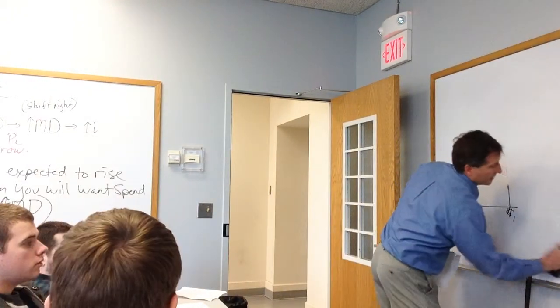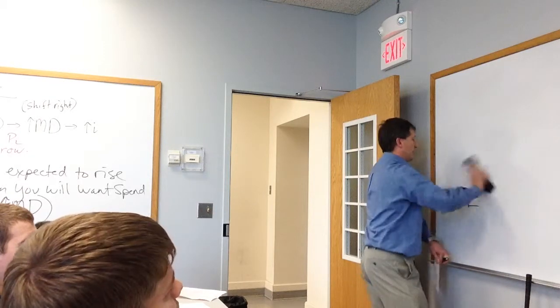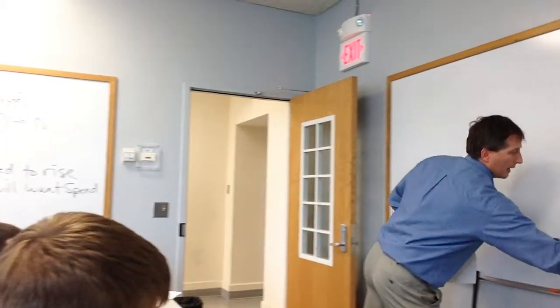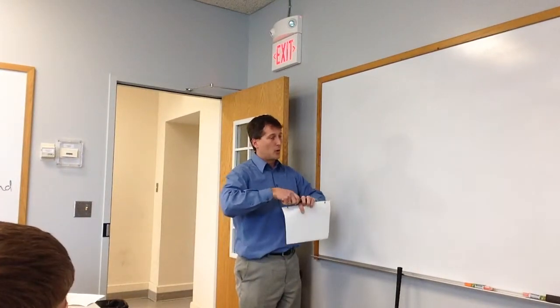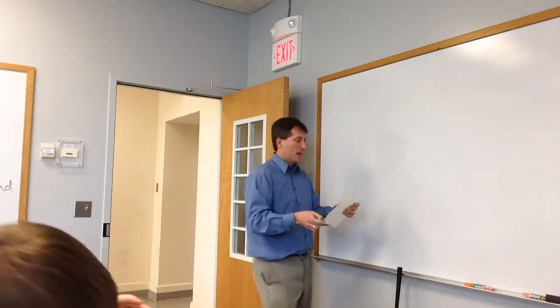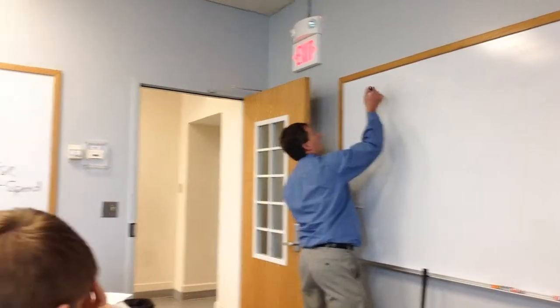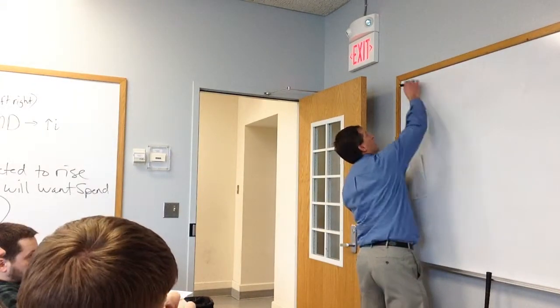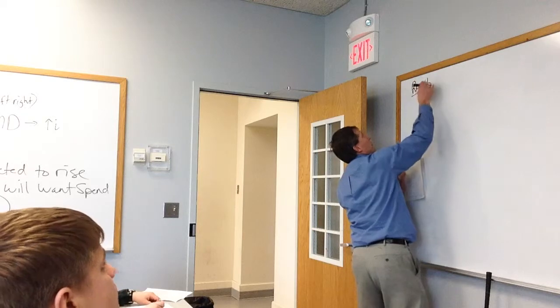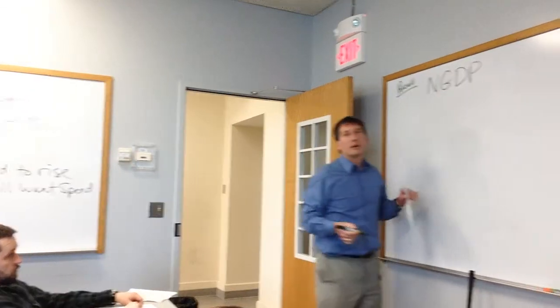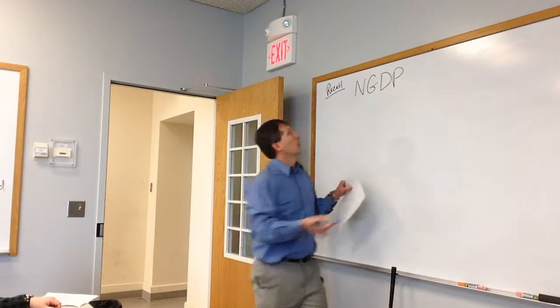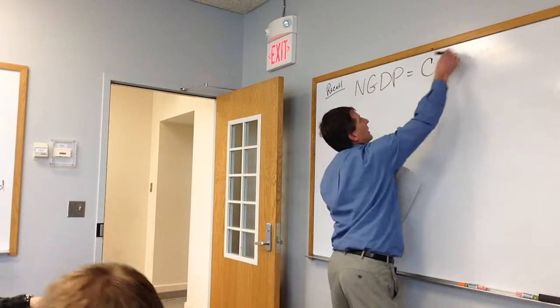So he's a Nobel Prize winner in economics. And this was one of his most important contributions, the quantity theory of money. And the first thing I like to do is think of what we did in chapter 4. Nominal GDP was equal to our cigarettes, right?